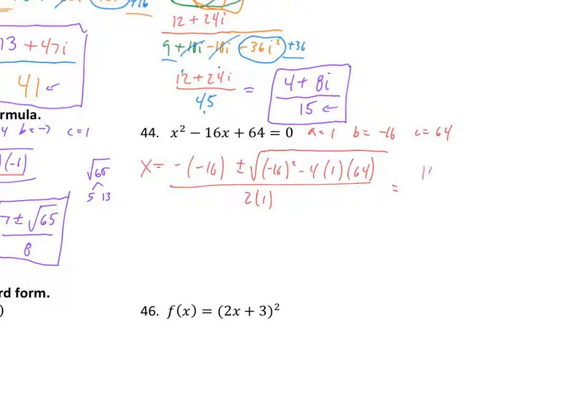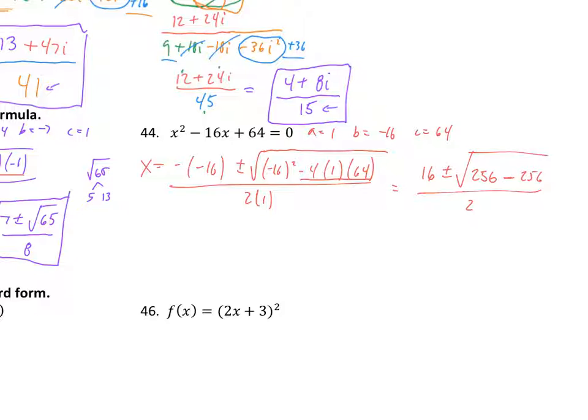So it gives me positive 16 plus or minus the square root. 16 squared is 256. So what I notice here is there's only one minus sign, so it's still minus. And 4 times 1 times 64 is 256. All over 2 times 1, which is 2.